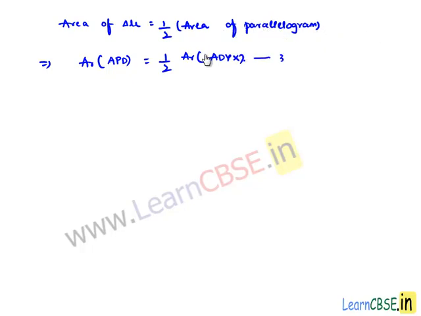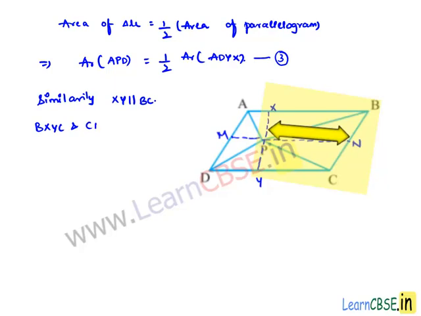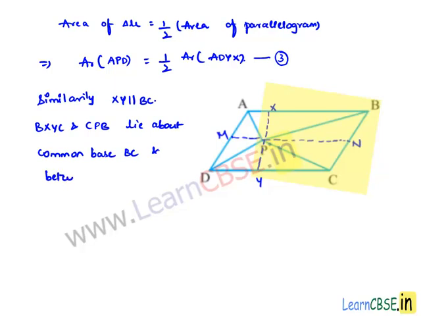Let it be as equation number 3. Similarly, if we consider XY is parallel to BC, then the parallelogram BXYC and the triangle CPB lie about common base BC and between the common parallels, that is XY and BC.